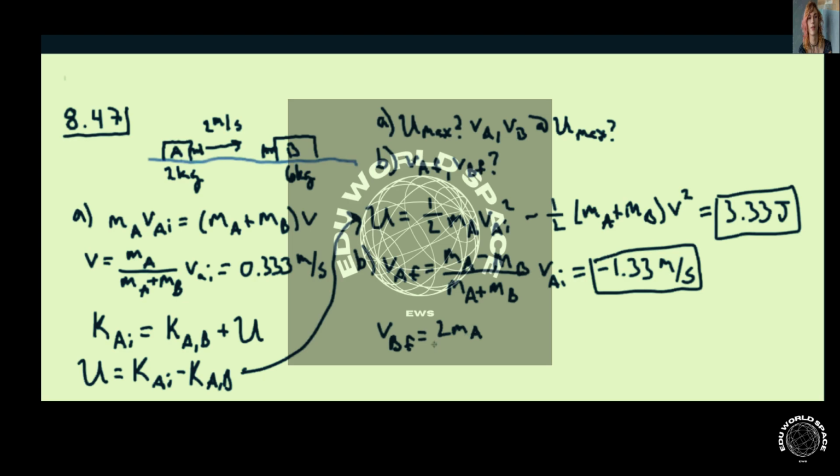This is 2 m_A over m_A plus m_B times the initial speed of A. And so then this works out to 2/3 of a meter per second, or 0.667.